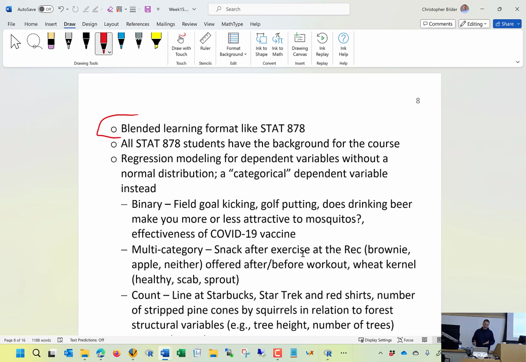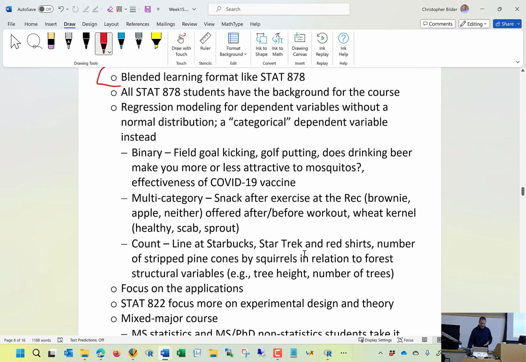And so what are topics that are in this course? Basically, we look at regression models where the response variable is categorical in some way. And there are three different ways that you can have a categorical variable, essentially. You can have, let's say, a binary variable, such as the success or failure of a field goal in football.